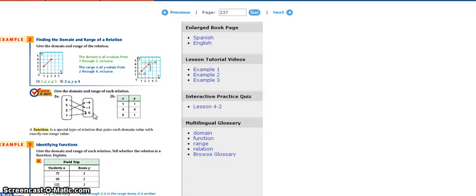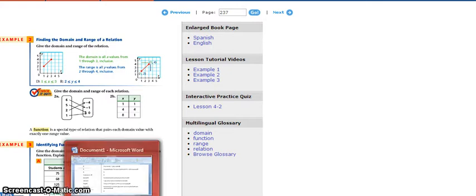But it's still a function because even though this range value has two domains coming to it, that's okay, all right? And if you were to give the domain and range of this map right here, you would say your domain is 6, 5, 2, and 1. And then you say your range would be -4, -1, 0.